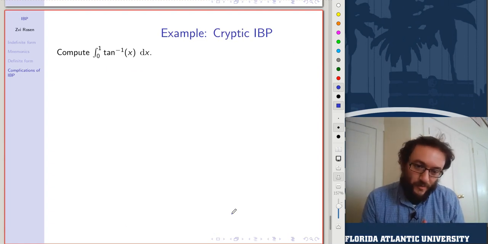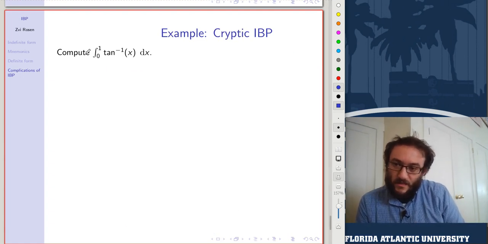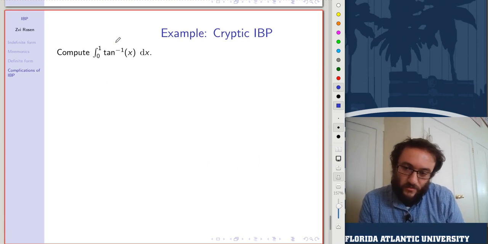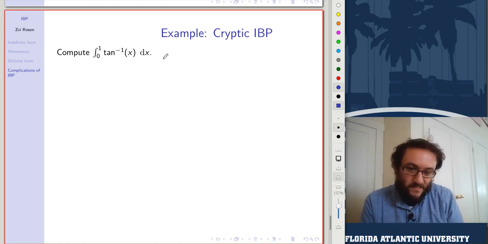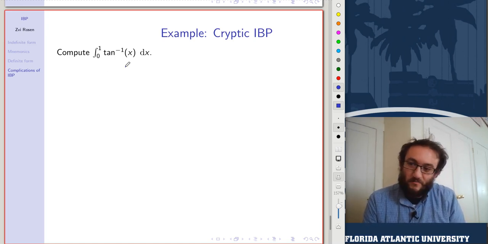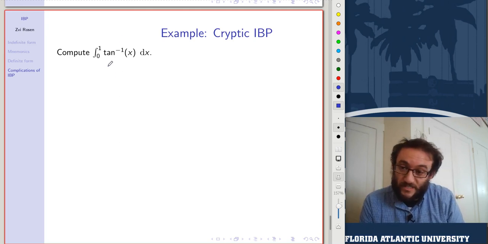Okay, now here's some cryptic integration by parts. Let's say I'm looking at this integral. Compute the integral from 0 to 1 of arctangent of x dx. Not knowing in advance that this is an integration by parts problem, I would look up the antiderivative here, because it doesn't look to me like a product of functions.